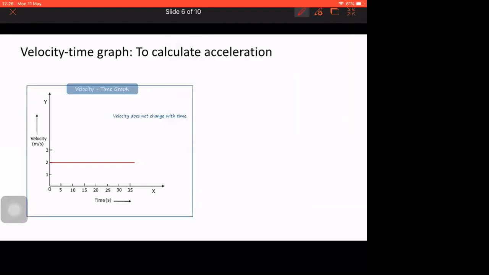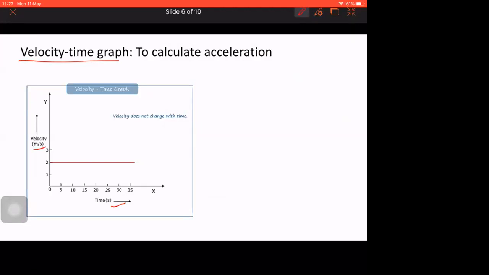Now comes a very, very important concept. In velocity time graphs, we know that we are using it to calculate acceleration, but there is one more important thing. When you have velocity and time, we can calculate something else also. What is that? Acceleration we can calculate, velocity by time, clear.